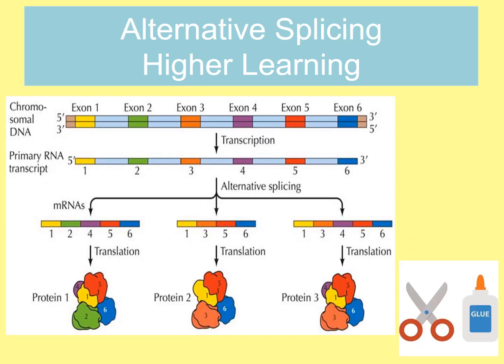The diagram in front of you is showing chromosomal DNA and how alternative forms of splicing could lead to alternative proteins being produced.